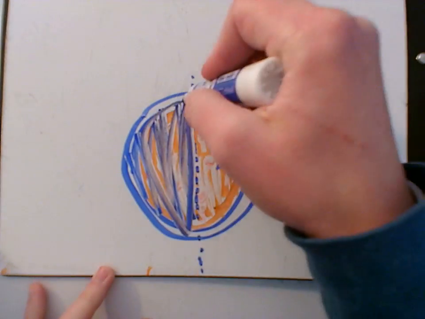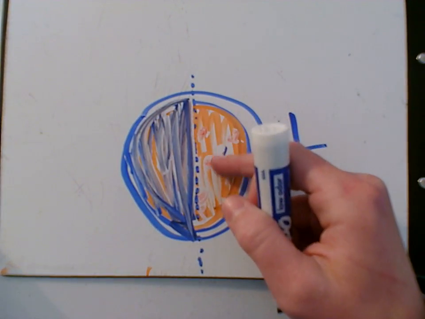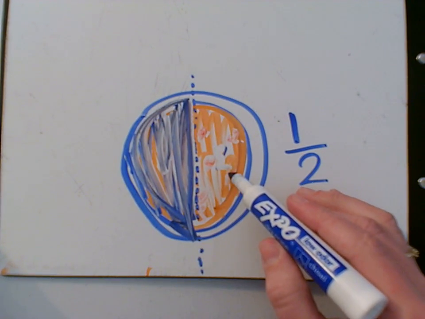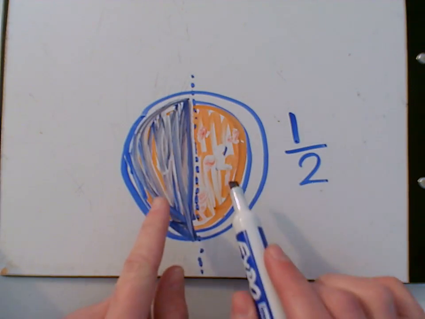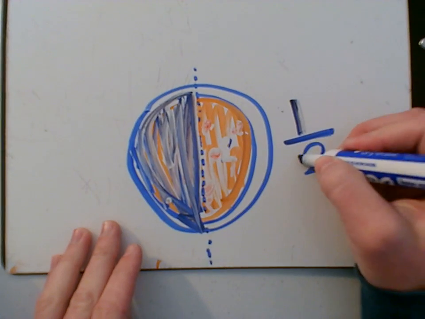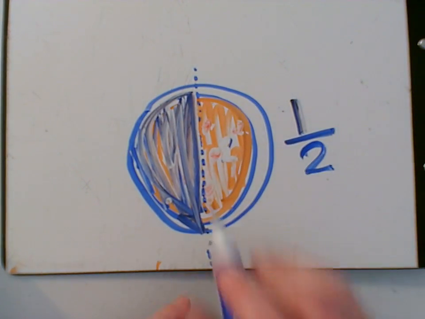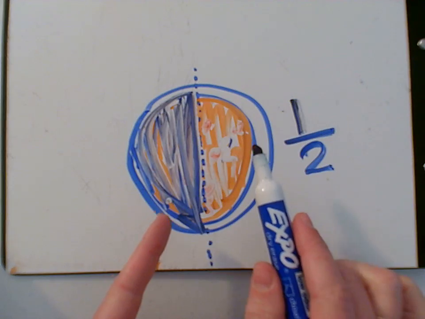All right, that piece is gone. So how much of my pizza is left over? 1 piece out of how many were there? 2. So that's where we get 1/2. I cut my pizza into halves, but 1/2 means it's 1 part out of 2.